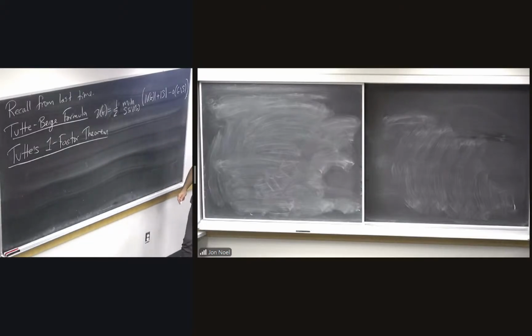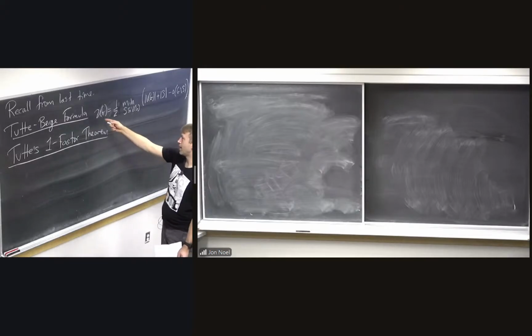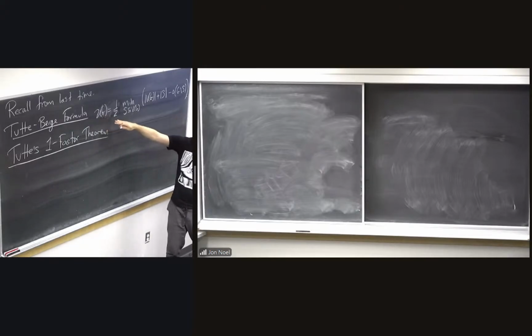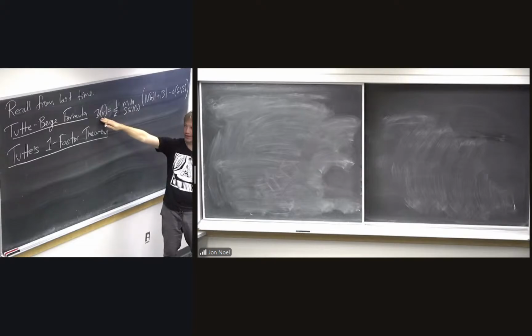Tutte's one-factor theorem is about classifying which graphs have a perfect matching. If you know this formula, it completely determines the matching number, right?